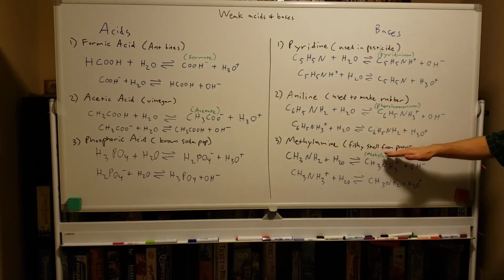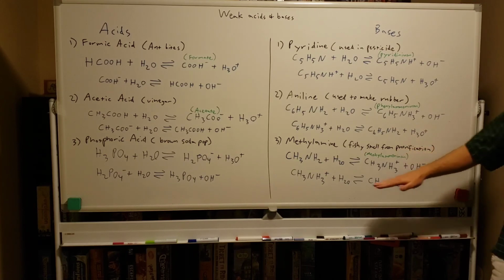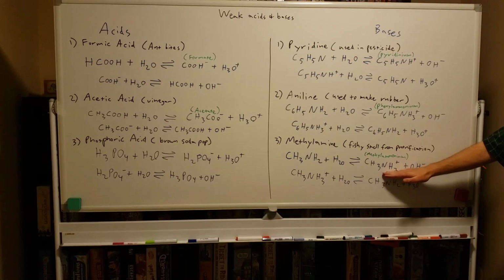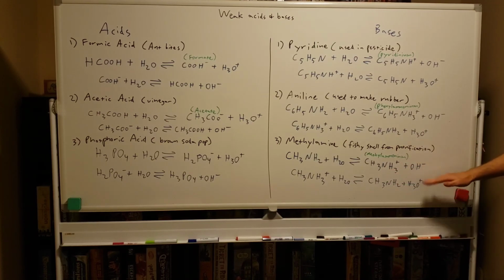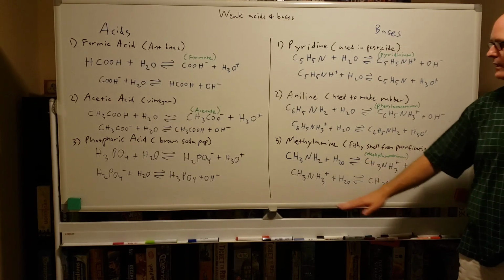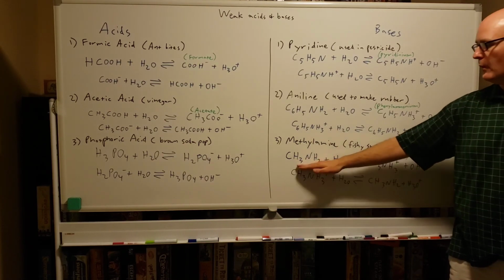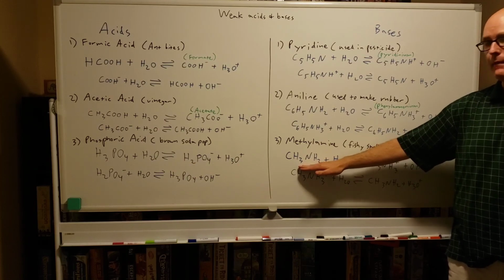Methylamine has a fishy smell from putrefaction. Methylamine is going to react with water to give you methylammonium, and of course, your hydroxide. Methylammonium is your conjugate acid for your base of methylamine.